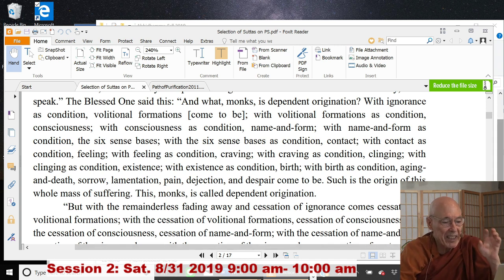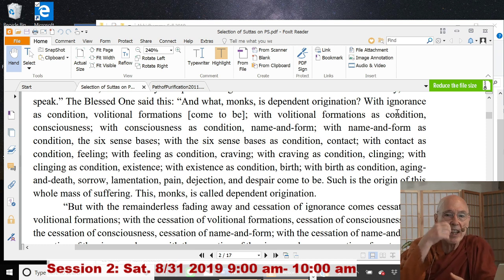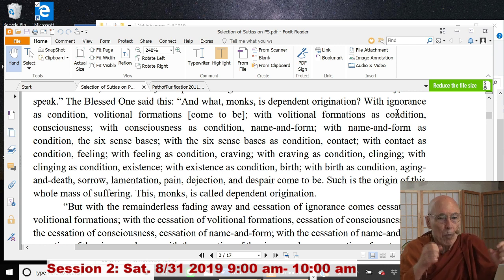Okay, so what it's saying is that because of this fundamental ignorance, which has been lying, at least dormant, in the mind streams of sentient beings through beginningless time, we engage in various activities, ethical or wholesome and unwholesome activities which generate karma. Those activities are called sankharas. The Pali word is sankhara, which is translated here as volitional formations. Or we could also say volitional activities.